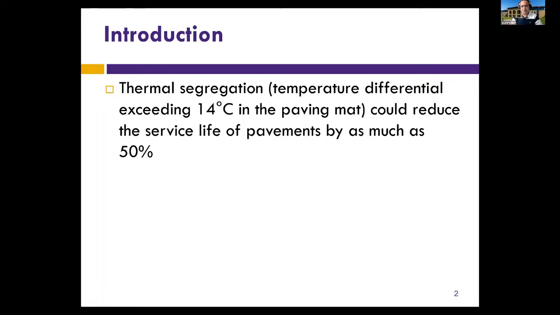And temperature differential has been related to accelerated pavement deterioration, which can reach as much as 50% in some locations that are cooler than others that are warmer during construction. So we are trying to avoid thermal segregation as much as possible.